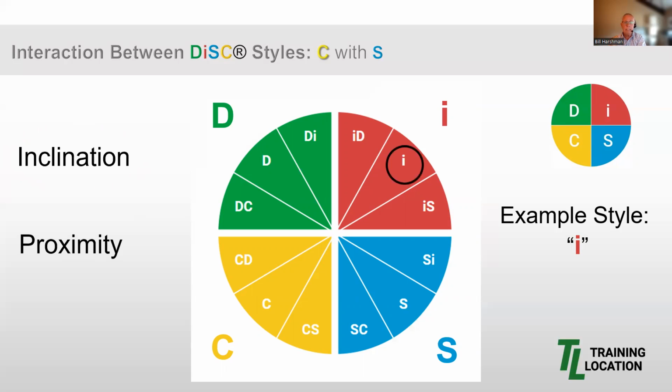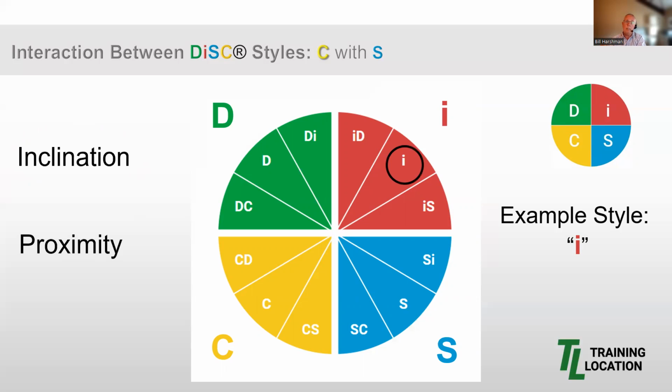Now, a dot at the outside of a circle indicates a strong inclination, which means you have a strong primary I style. This means the descriptions about your I style probably resonate with you, and other people can probably recognize those qualities in you as well.